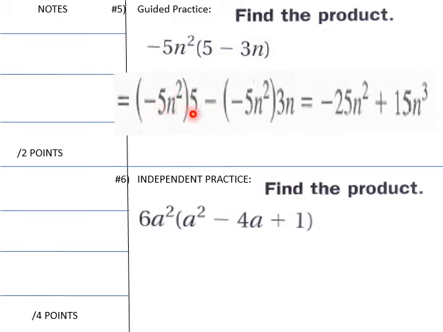So negative 5n squared times 5 minus negative 5n squared times 3n. And this would be negative 5n squared times 5 be negative 25n squared. And then a negative of a negative would be positive 15n cubed. So this would be your product here for this expression up here.